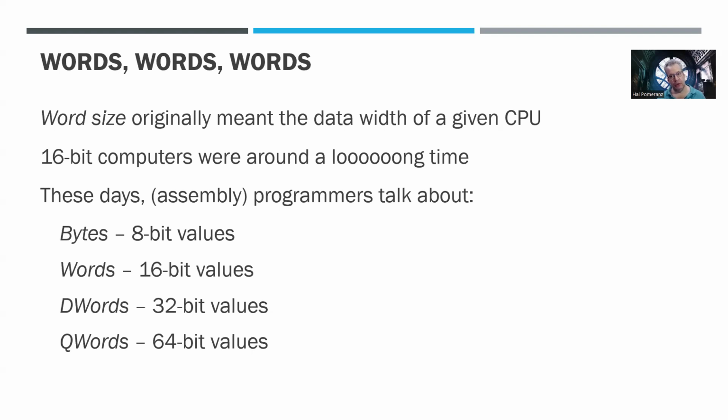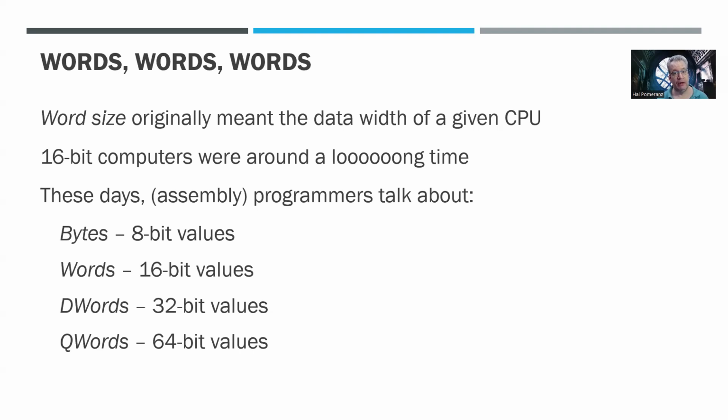And if you are an assembly language programmer or reverse engineer, or you're an exploit developer, we talk at the assembly language level about bytes, which are 8 bits, words, which are 16-bit values. But then what if you're on a 32-bit processor?